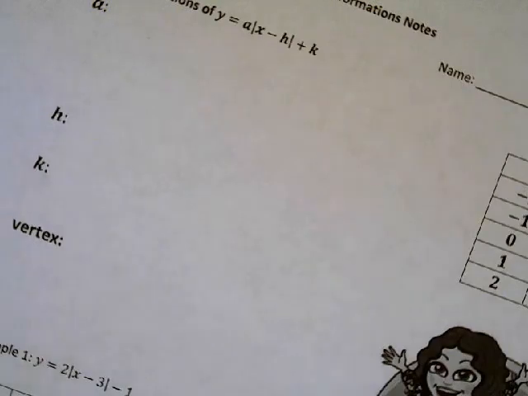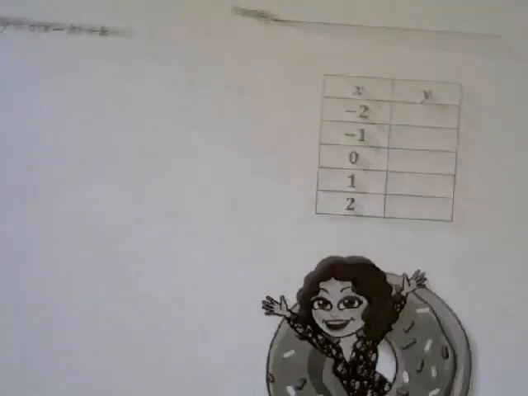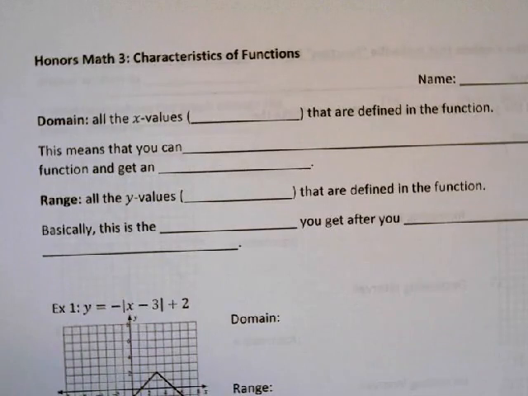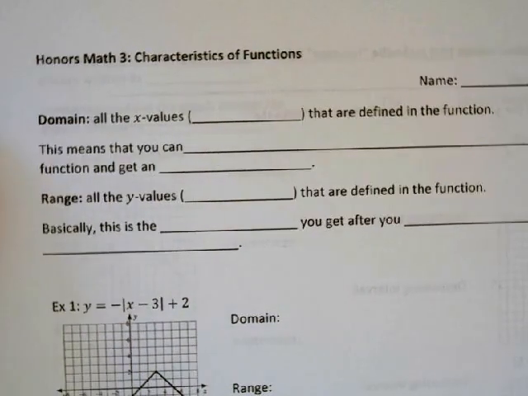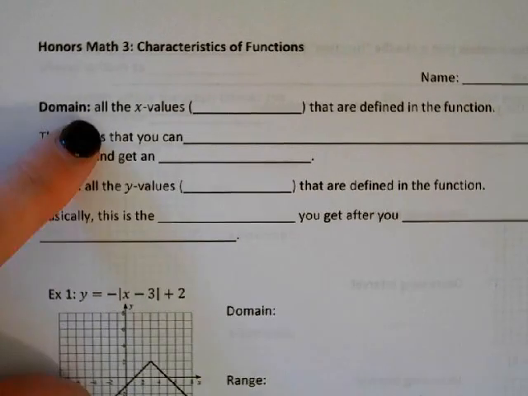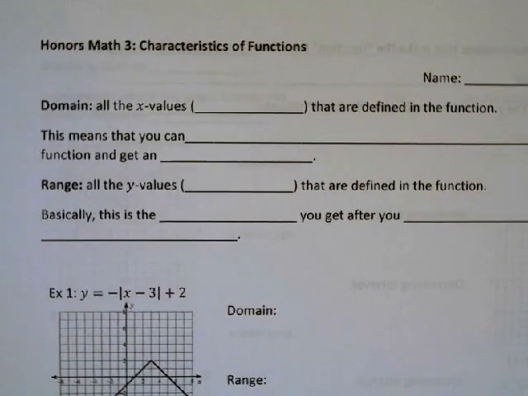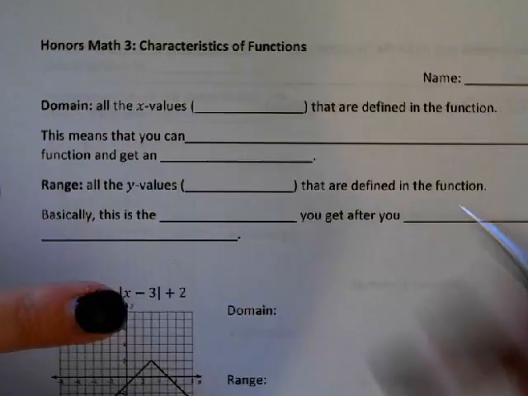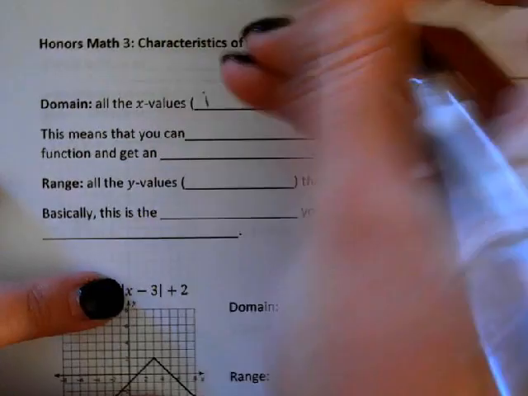You've talked about these words already, maybe in Math 1, definitely in Math 2. The next two words we're going to remember, and we'll use a lot in Math 3, are domain and range. Okay? So domain is all of the x values, which are the inputs, that are defined in a function.